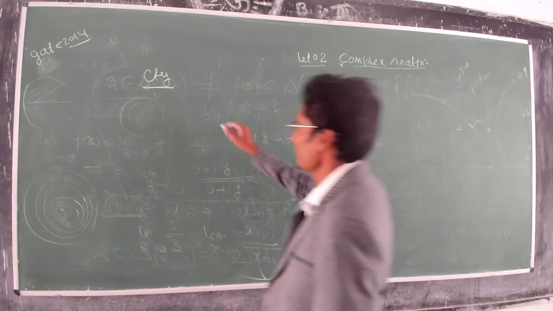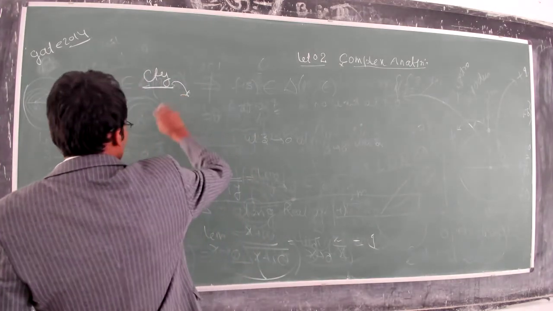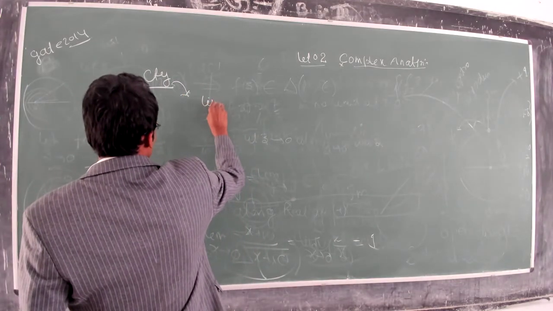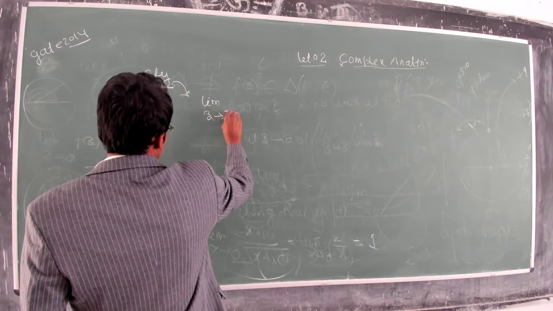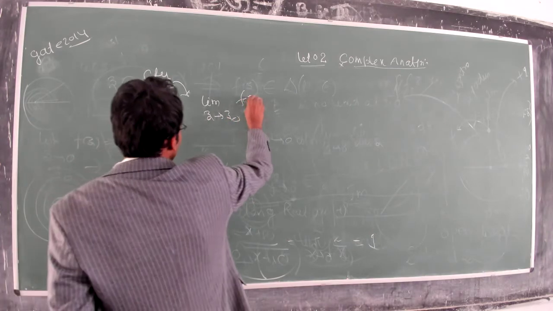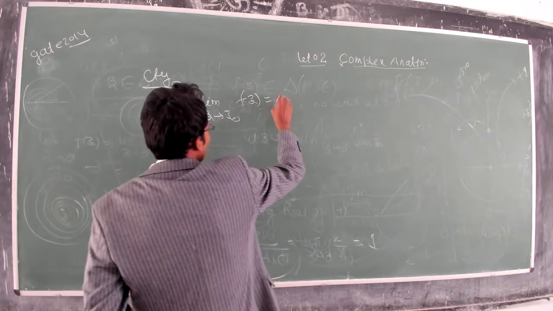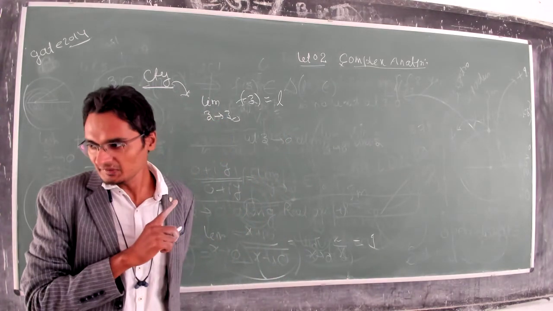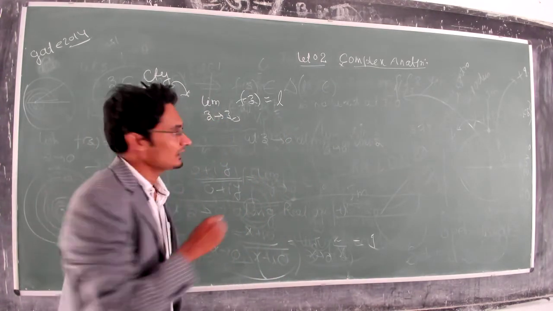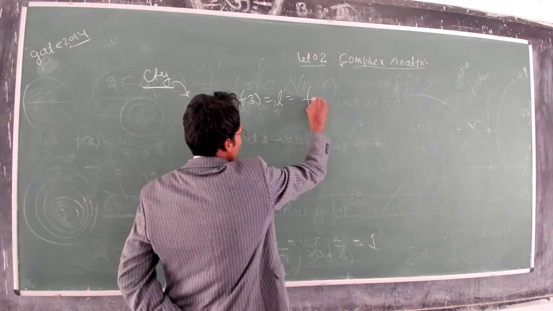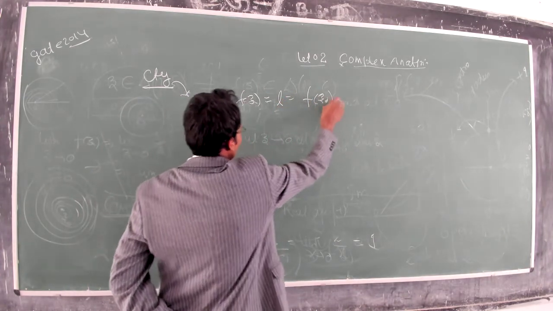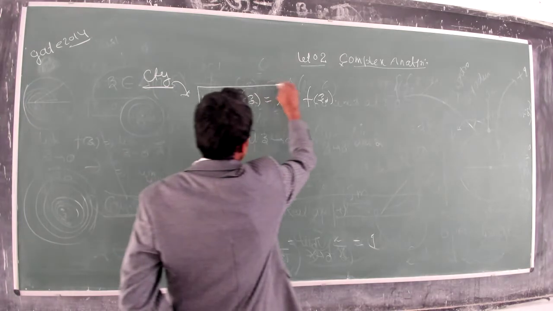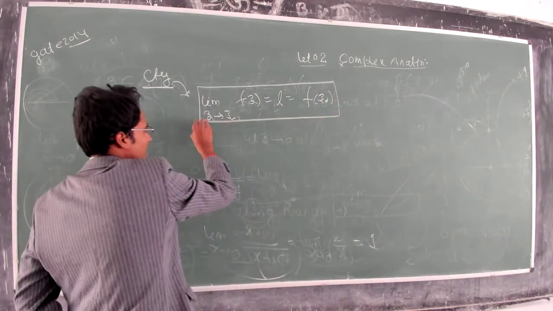Here the continuity will include one more term: the limit as z tends to z naught of f of z is equal to, instead of L that we had seen, this is the limit, right? If this is equal to the value of the function, then we say the function is continuous.